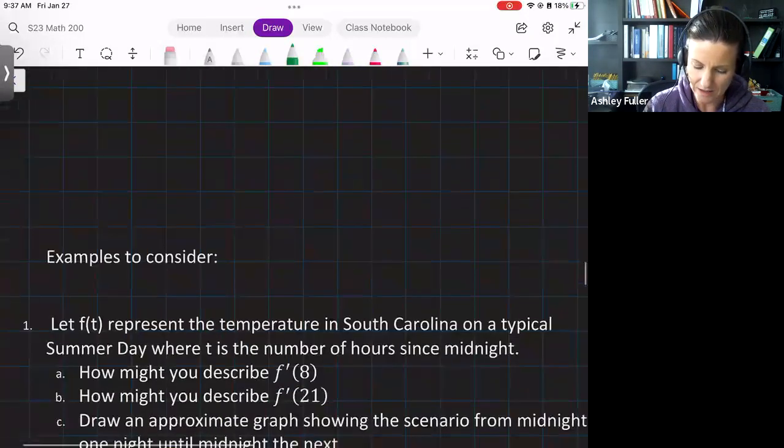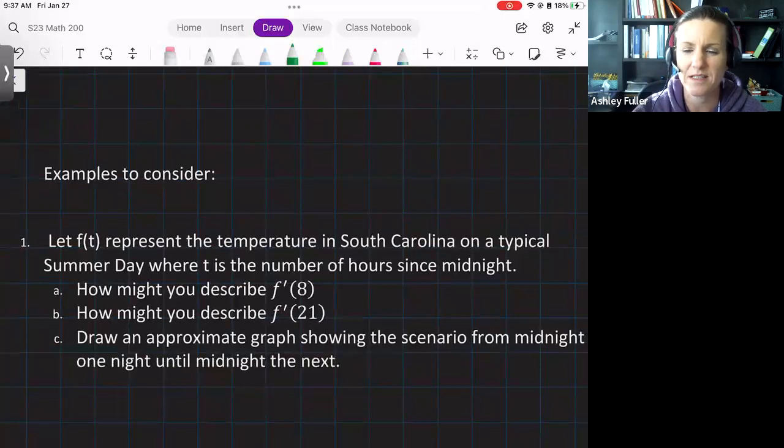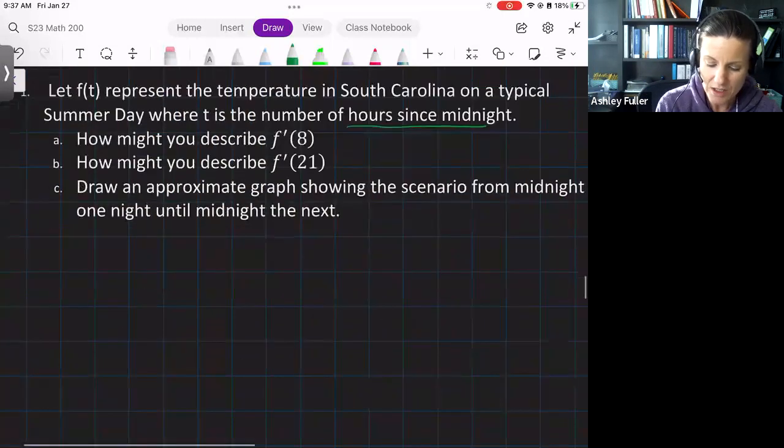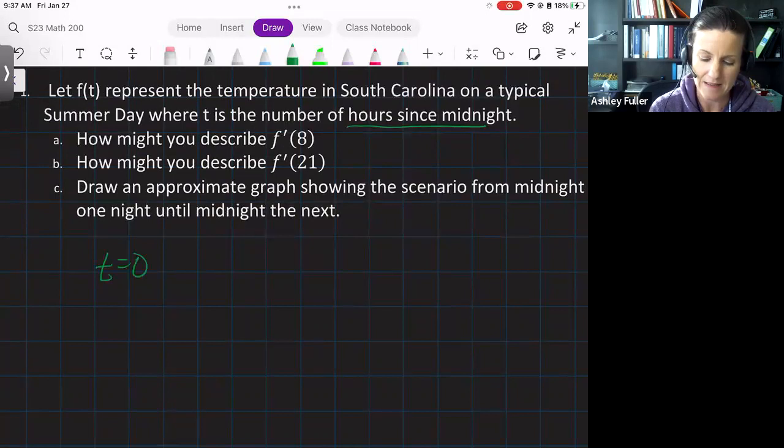Let's consider some practical examples of this to hopefully help you picture it. Imagine a function f of t that represents the temperature in South Carolina on a typical day, where t is hours since midnight. So in other words, when t is 0, it's exactly midnight. How might you describe f prime of 8? What does f prime of 8 mean?